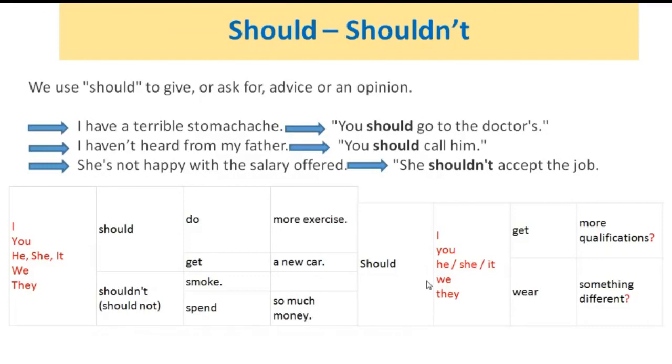We use should to give or ask for advice or an opinion. For example: I have a terrible stomachache. To give advice, you say you should go to the doctor.